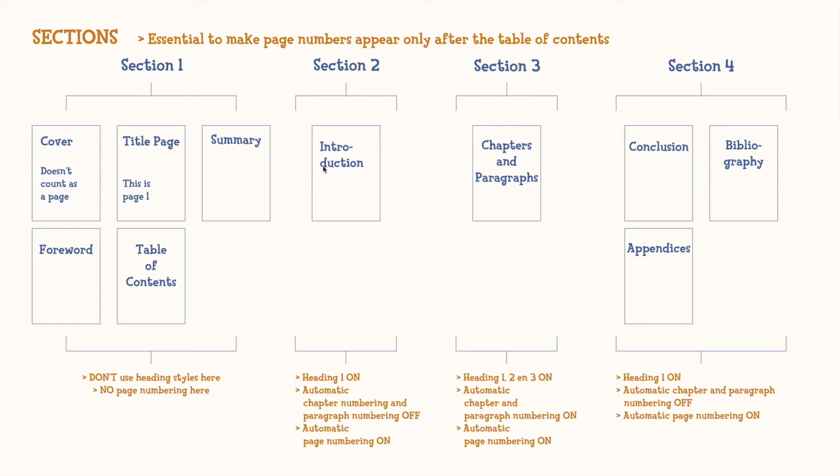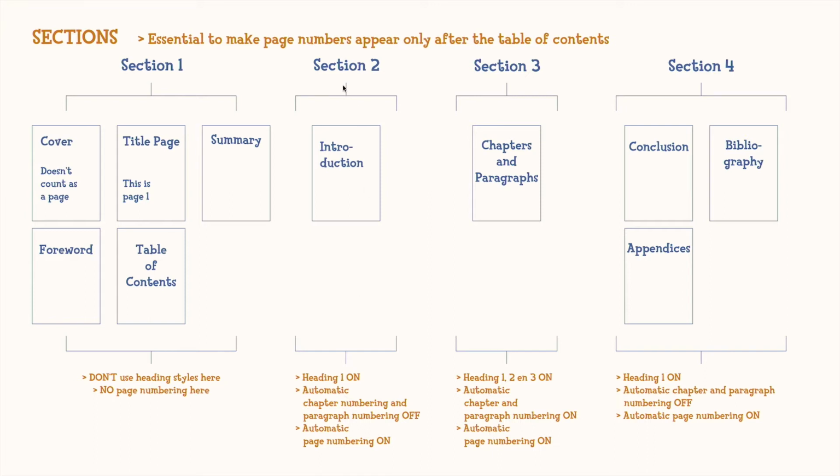So we need to switch that off in section 2 where we have the introduction. We also need to switch the automatic numbering off in section 4 where we have the conclusion, the bibliography and the appendices, because those aren't chapters either. So only in section 3 do we need to turn on the automatic chapter and paragraph numbering.